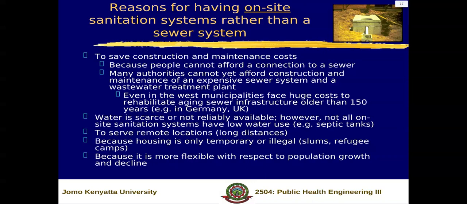The second thing is that sometimes we want to rehabilitate older systems, but instead of refurbishing everything, you just tackle the area where it has deteriorated, and you provide a decentralized system there. The other thing is to avoid early capital investment. You don't want to build a sewer system now going to Isinya when you will not have a settlement in Isinya until 20 years from now, and therefore it allows you to invest as and when needed.